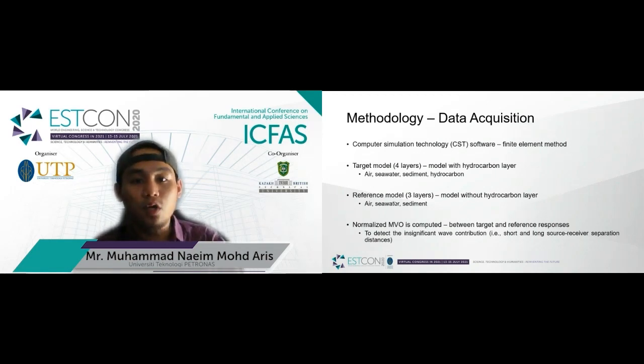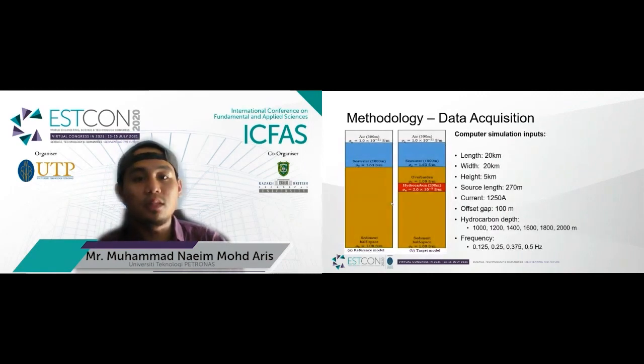So after we obtain all the EM responses, the normalized magnitude versus offset is computed between target and reference responses. Why? This is to detect the insignificant wave contribution in the EM responses. So these are the computer simulation inputs used in this study. The length, the width, and the height are 20 km, 20 km, and 5 km respectively.